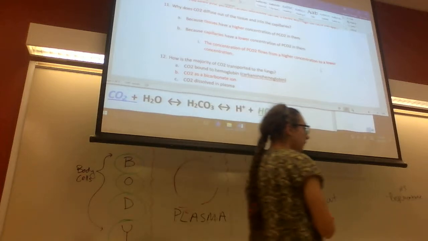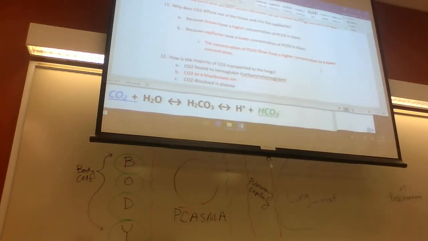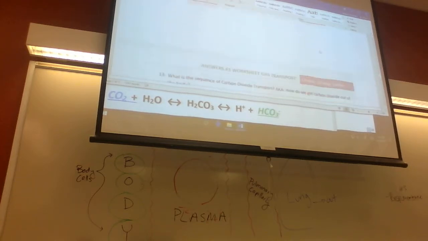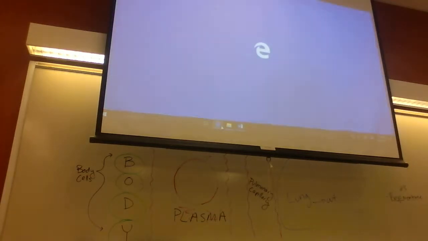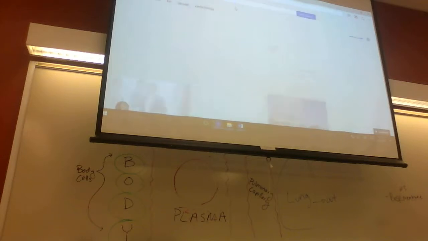So now we're going to get into the actual gas transport portion of it. I'm going to look up a picture of a respiratory membrane really fast, which isn't too scary.